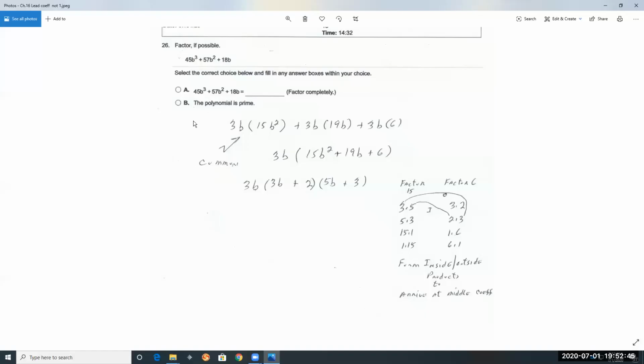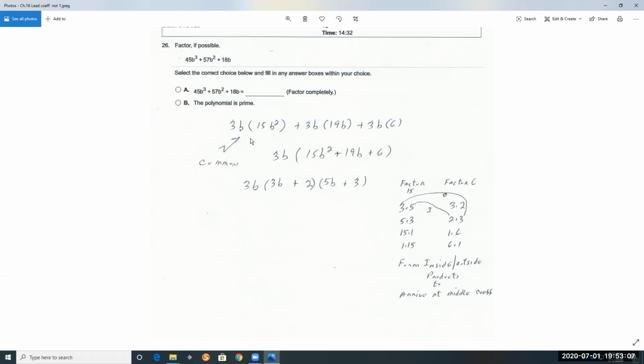Lastly, let's look at this trinomial, which has a lead coefficient that is not 1, but I do see a common factor between the three terms. If I extract 3b from each of these three terms, I'm left with 15b squared, I'm left with a 19b, and I'm left with a 6.